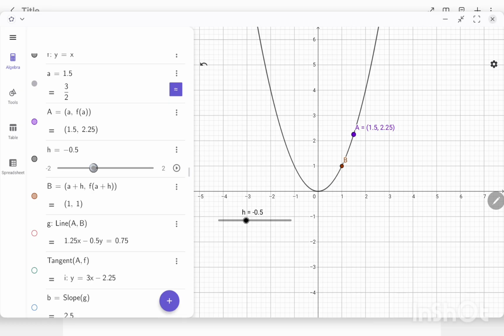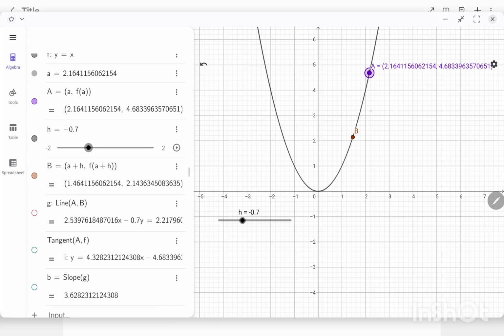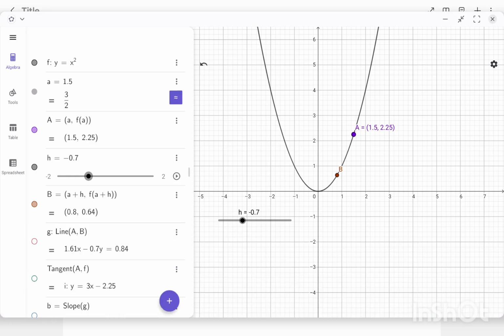So we are making B a dependent point with respect to the fixed point A. Now, we are actually talking about this point A. We are going to talk about what is happening to the tangent at any point on the parabola.